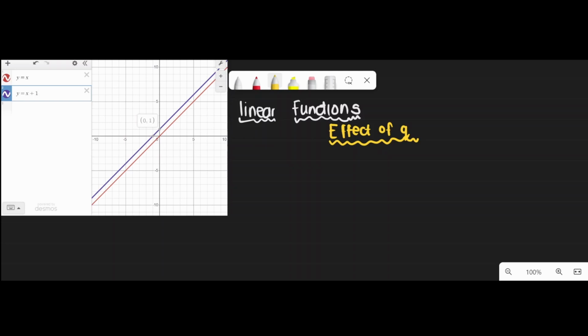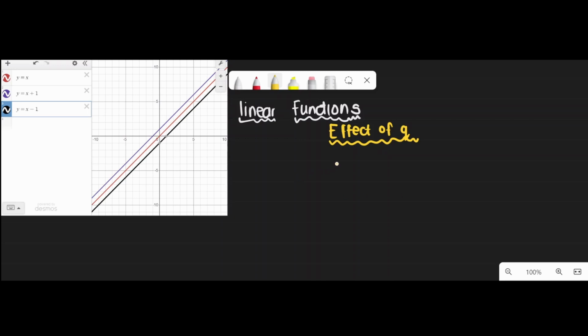Now, let's say our q is negative 1. Let's see what happens to the graph. If we say y = x - 1, do you see it's the black one? When it's negative 1, the graph is going to move downwards by whatever q units, in our case 1 unit. So to conclude, q moves the graph up and down.